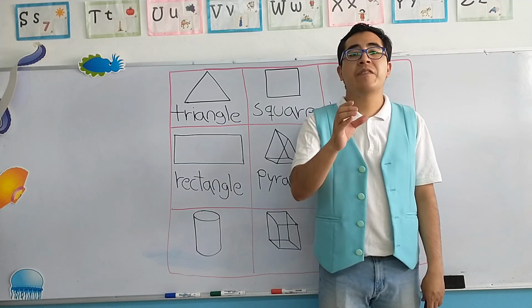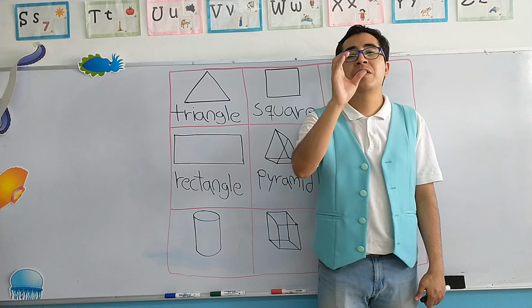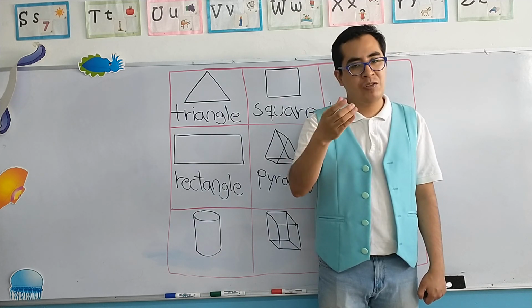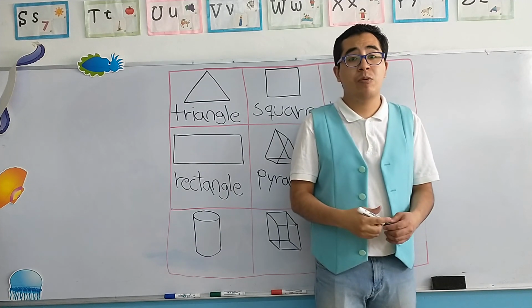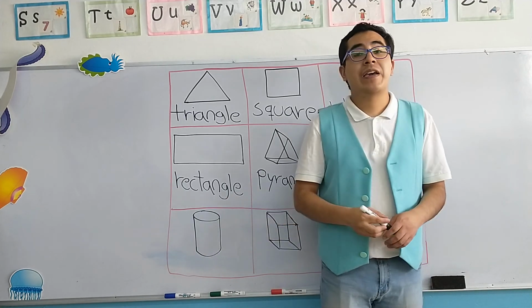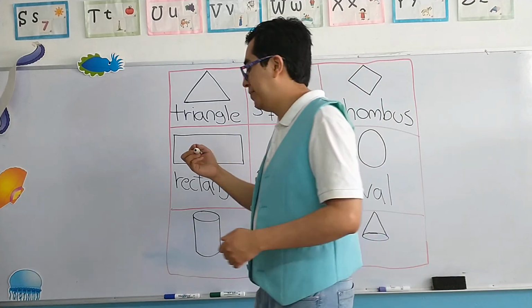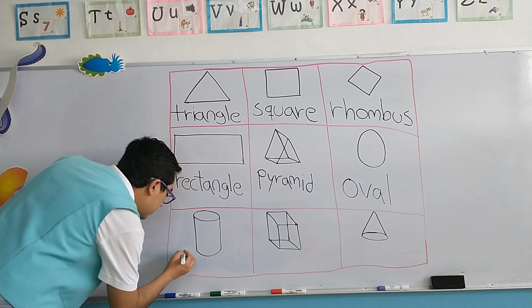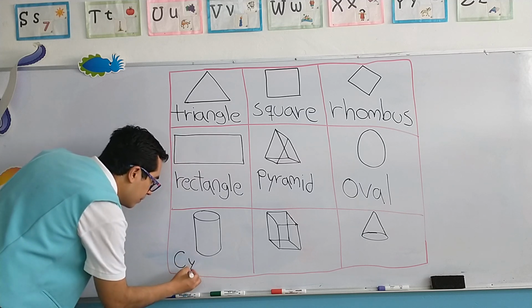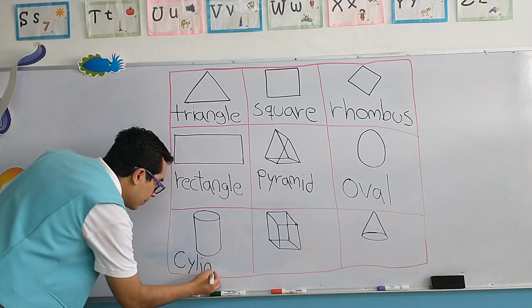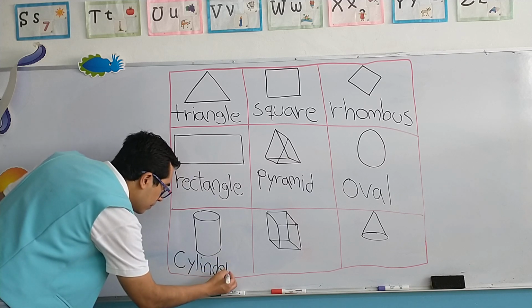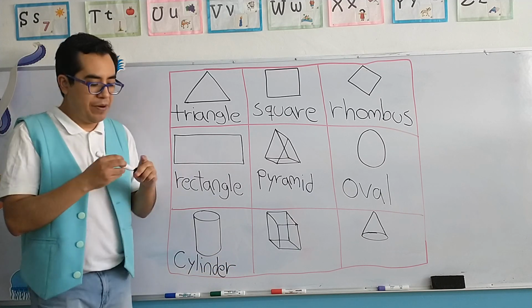Okay? Recuerden que esta tiene forma de un vaso de plástico, un vaso de cristal. Un vaso es un objeto que utilizamos para beber un líquido. So, we have the cylinder. Cylinder.